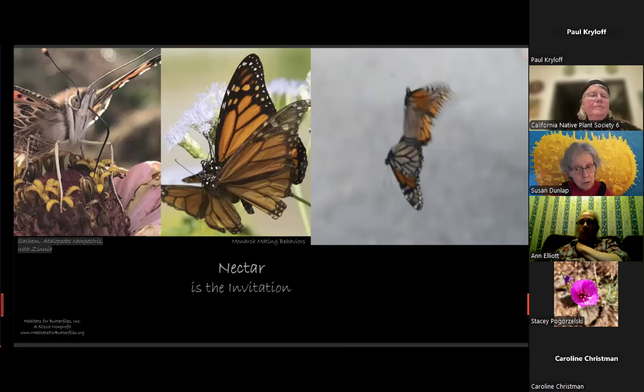But it is still true that nectar brings butterflies in and provides you with a good way to begin, a beginning that matters. For migratory and itinerant butterflies, nectar plants aren't just attractive, they're essential fuel, a fuel you can provide.